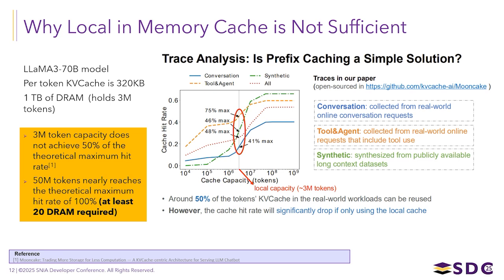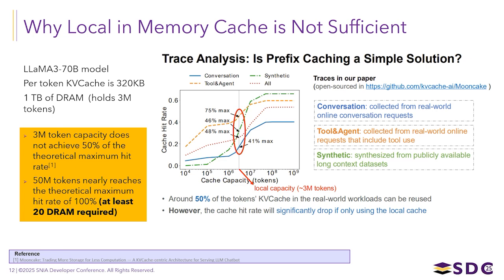Per token, the KV cache is 230 kilobytes, and if you have 1 terabyte of DRAM capacity, you can hold 3 million tokens. They looked at 3 traces: conversational traces, tool and agentic workloads, and another publicly available trace which they synthesized. These traces are publicly available, so you can look at them. On the graph, you see cache hit ratio on the Y axis and capacity on the X axis. If you look at that middle line, you can see it with the circle.